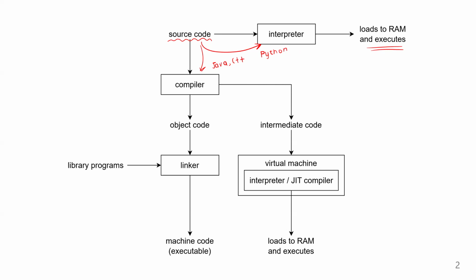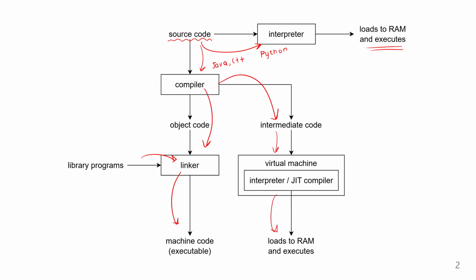But what we need to understand next is compilation is also not a very straightforward route, because compilation can take one of two routes. Compiled code can either be converted to object code and then linked to library programs and then be converted to an executable, or compilers may produce intermediate code, which can then be run via a virtual machine to interpret the final intermediate code to run it in the RAM directly.